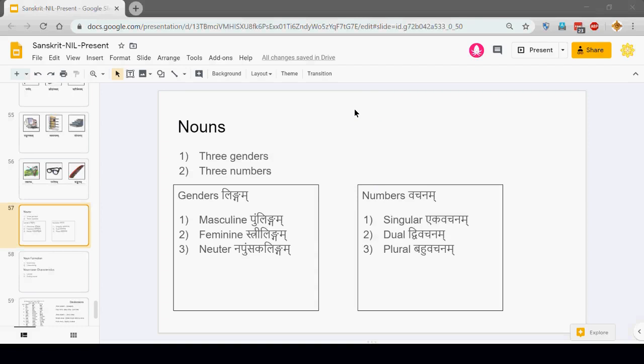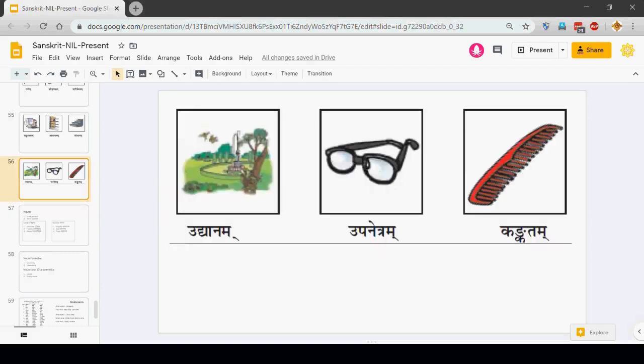Note that the genders are associated with the words, not with the object itself. In the previous slide, you see the three words: Udyanam, Upanetram, Kankatam. And what they refer to, the actual objects, are shown in the picture.